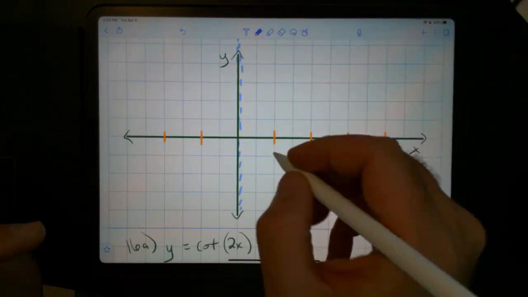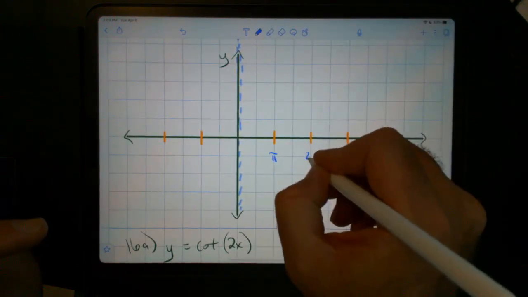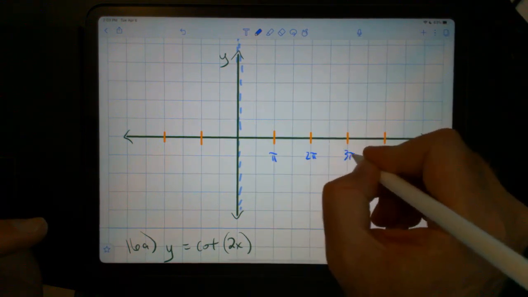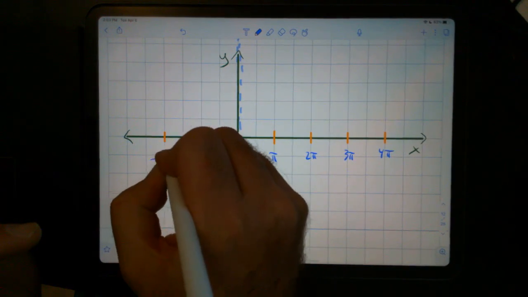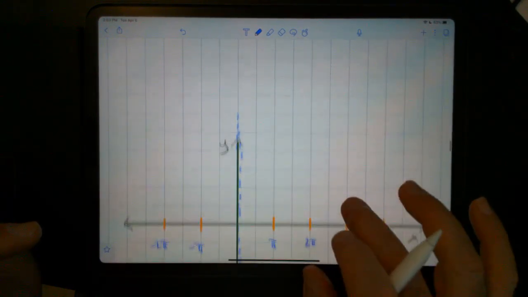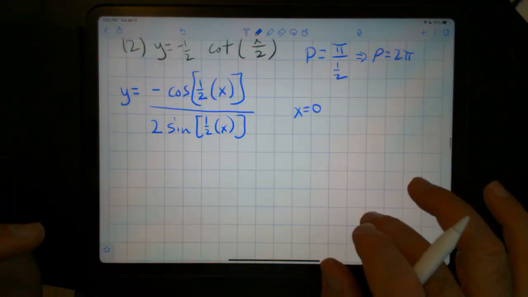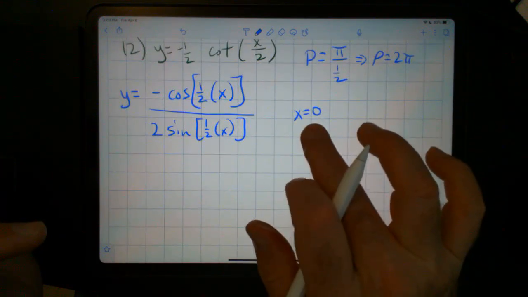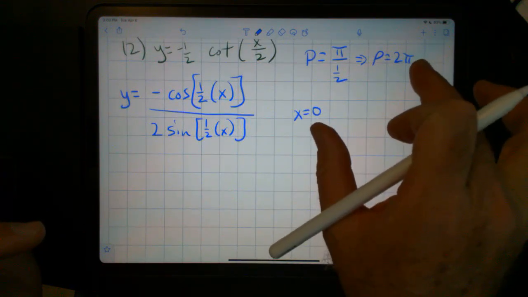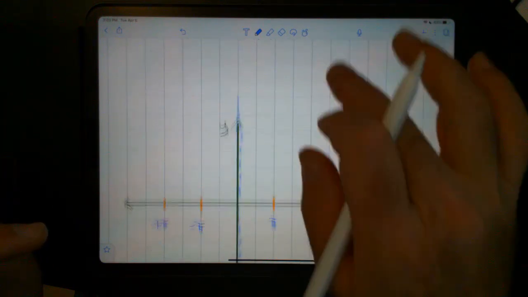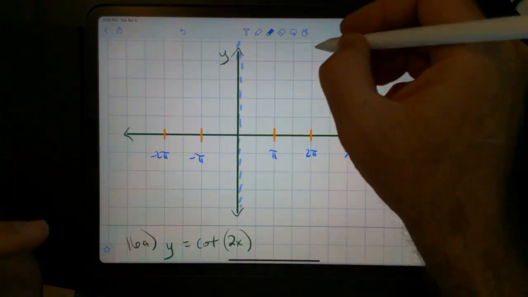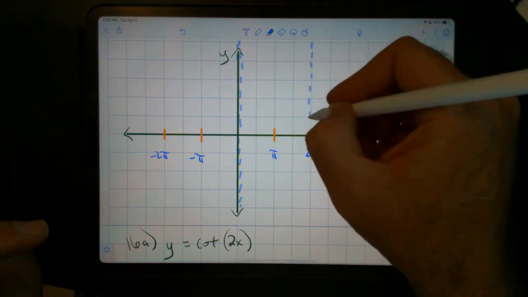Okay, so let's make this x equals 0 is an asymptote, and 2 pi is an asymptote, 4 pi is an asymptote, negative 2 pi and negative 4 pi. So here's an asymptote.